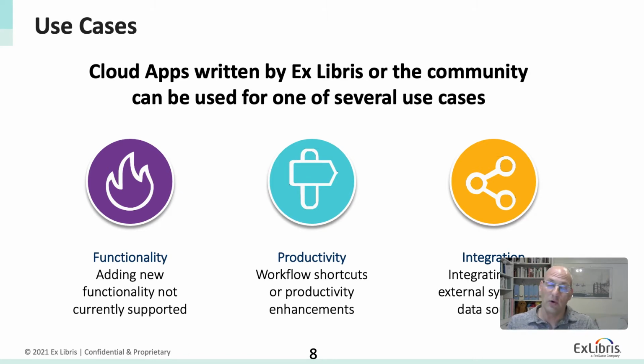So if there's a flow that's not particularly optimized, let's say, within Alma, a cloud app can be used to provide really streamlined access to that workflow. And finally, cloud apps can be used to integrate. They can integrate with external systems. They can bring data from other systems into Alma, and they can share data in Alma with other systems as well. So adding new functionality, providing productivity shortcuts, and integrating with other systems.